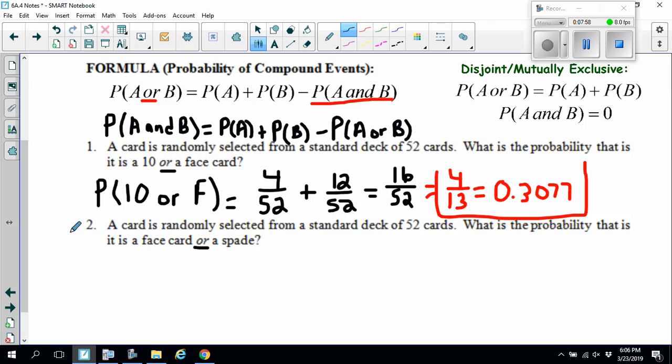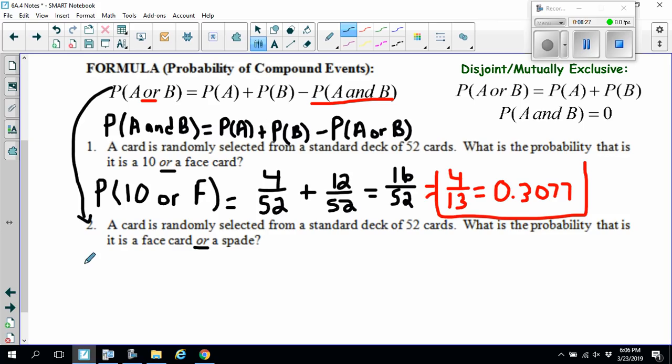Yes. Face cards are the kings, queens, and jacks, so we can have a king of spades, a queen of spades, and a jack of spades. So this is a joint or compound event because face cards and spades have something in common.